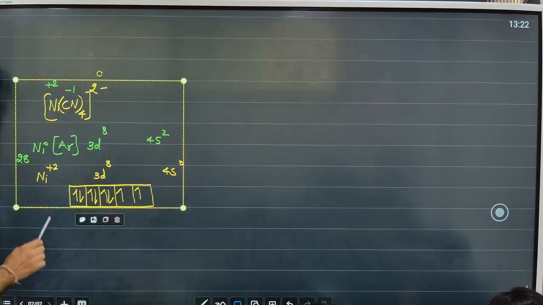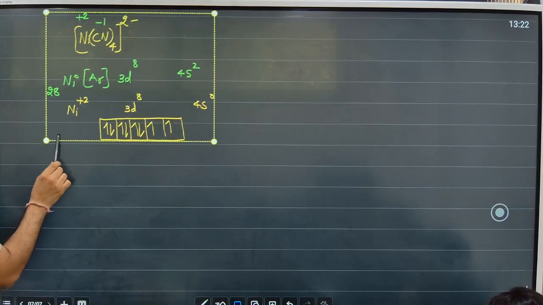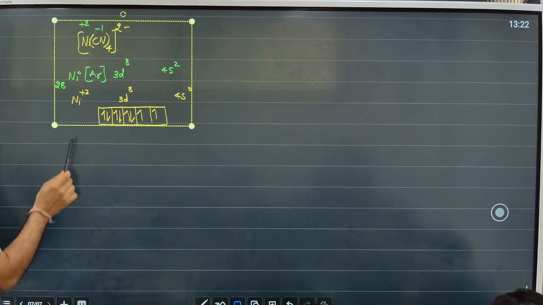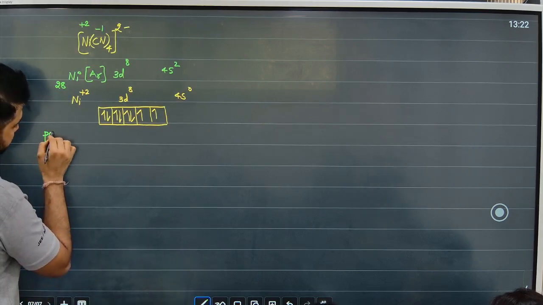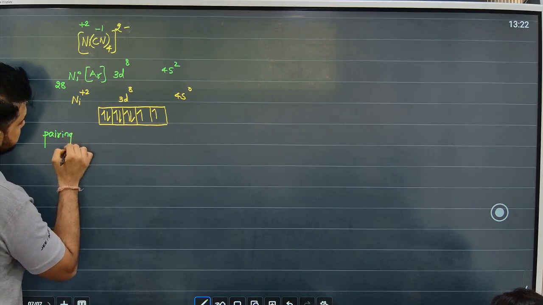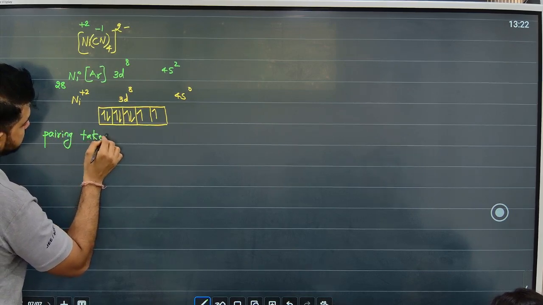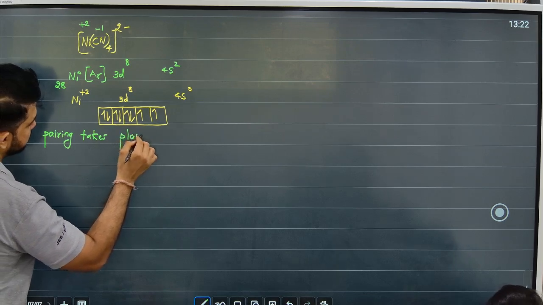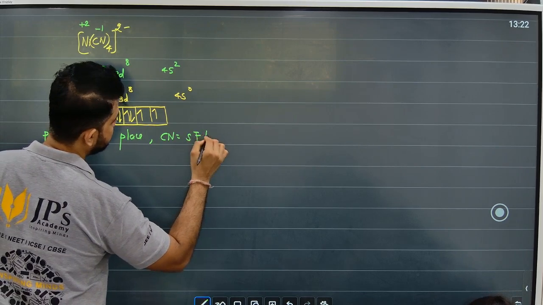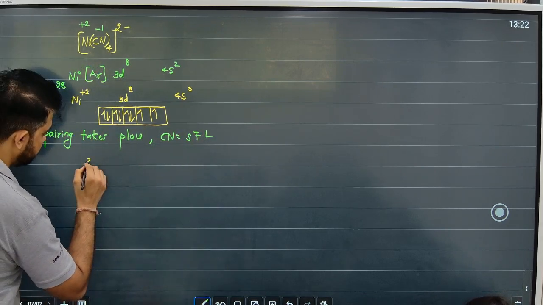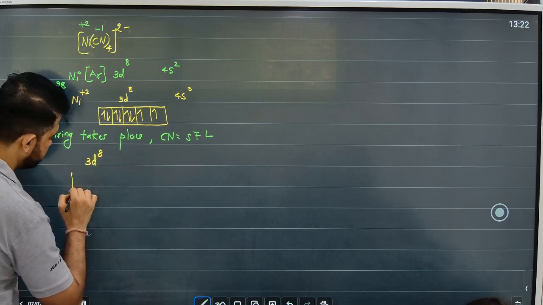प्लीज रूल रीड करो, क्या लिखा है रूल में. If strong field ligand is present क्या करेंगे हम? Pairing takes place. Why does pairing take place? Because CN is a strong field ligand. Since CN is a strong field ligand, 3d8 में pairing करके how will 3d8 look like?